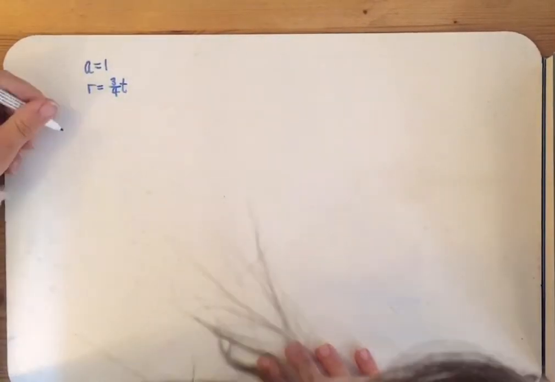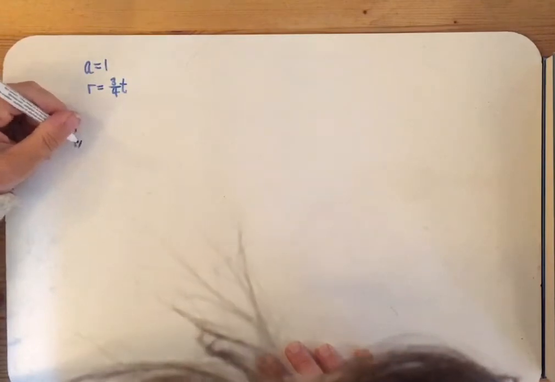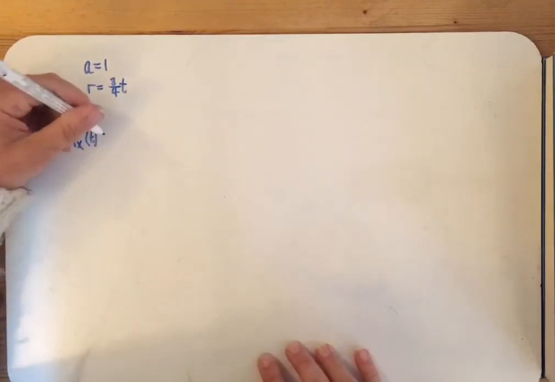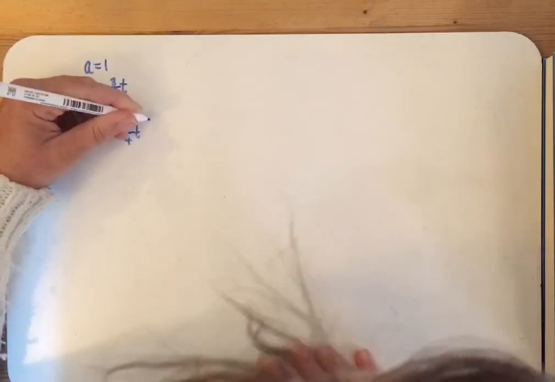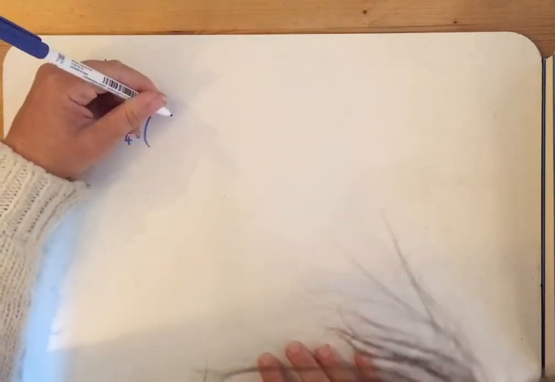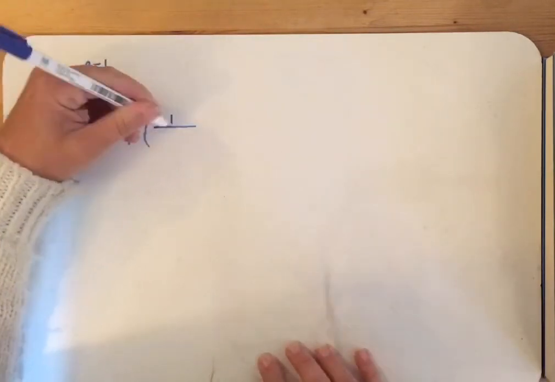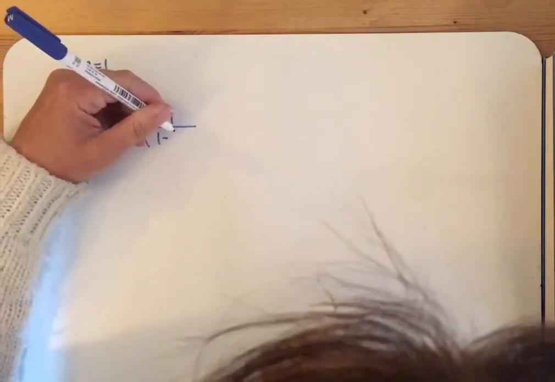And so the probability generating function of t is going to equal 1/4 t lots of a over 1 minus r.